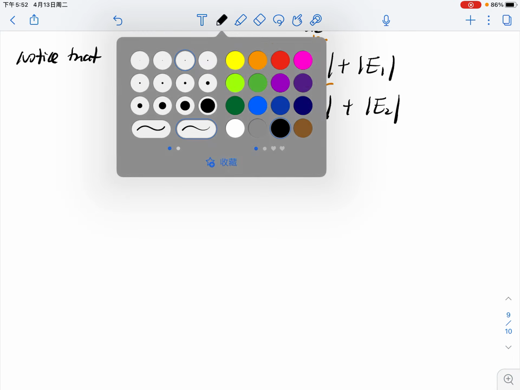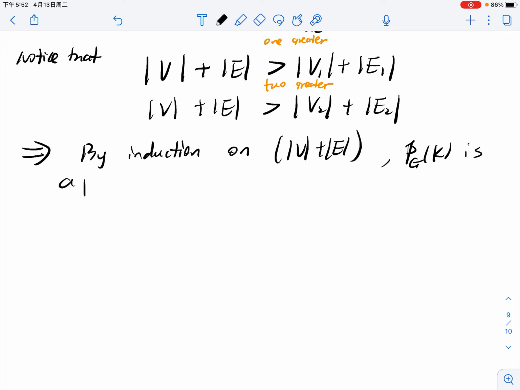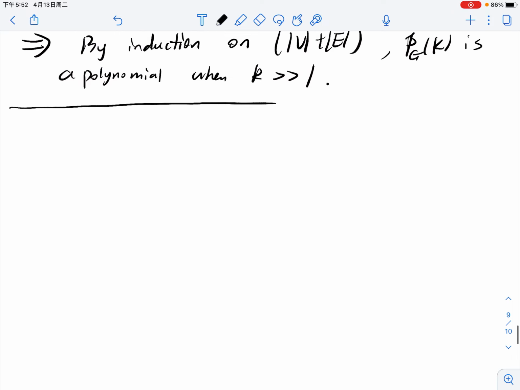Okay, then we can prove this by induction on the sum of cardinalities of the edge set and the vertex set. We can prove P(G,k) is a polynomial when k is much greater than 1.